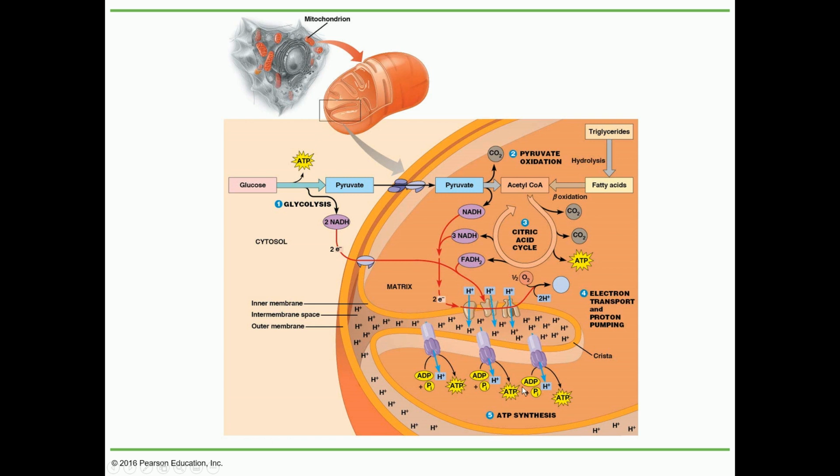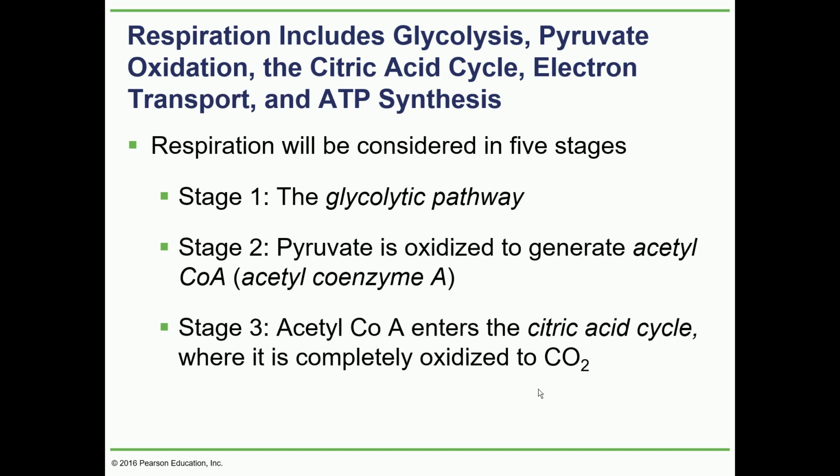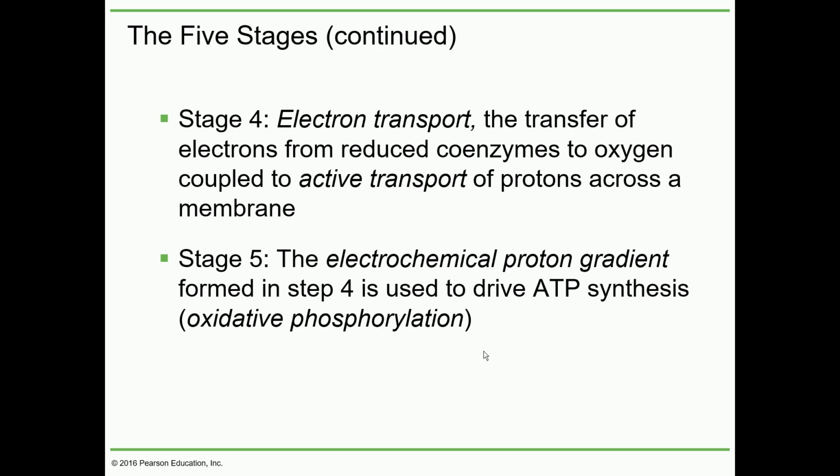You already know that. So these are the 5 steps of your cellular respiration: glycolytic pathway. Then pyruvate is converted into acetyl coenzyme A. Then acetyl coenzyme A enters into the citric acid cycle, and then we know that there is the electron transport chain, which involves basically the proteins which are embedded in the inner membrane of mitochondria, and the flow of the electrons creates the electrochemical proton gradient.